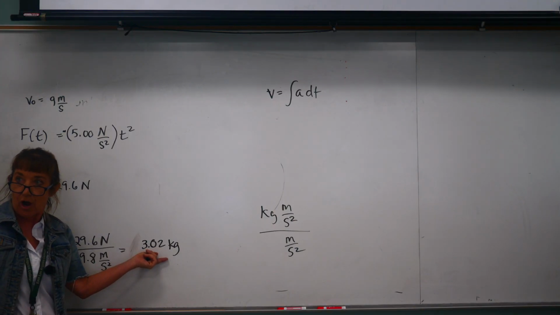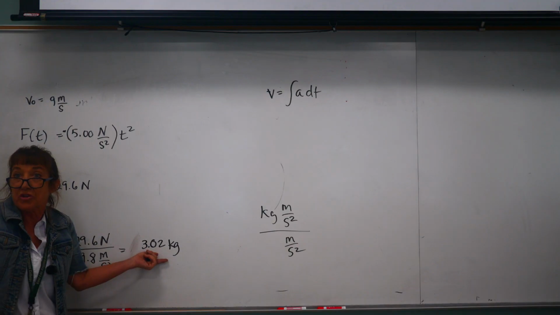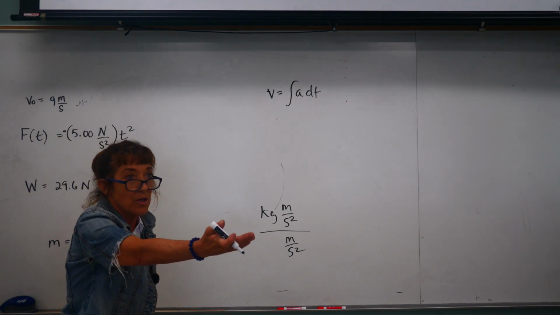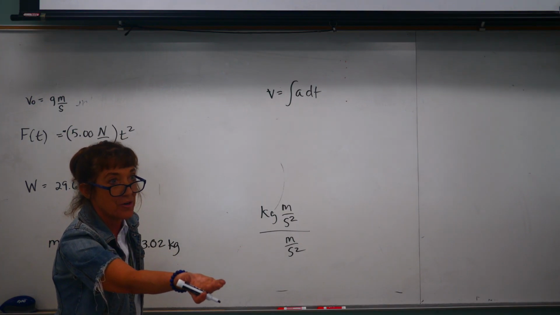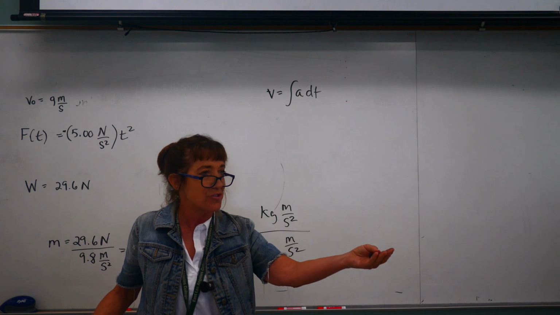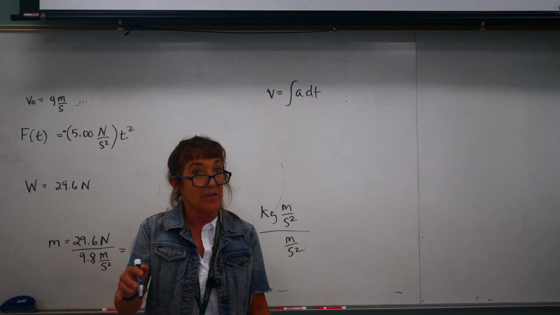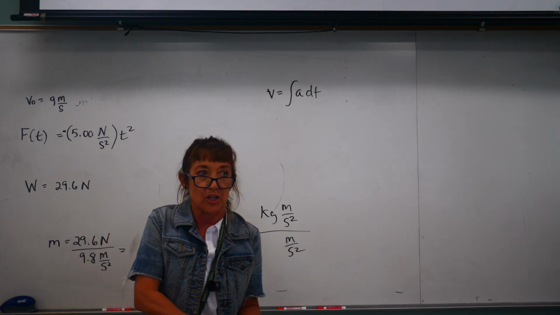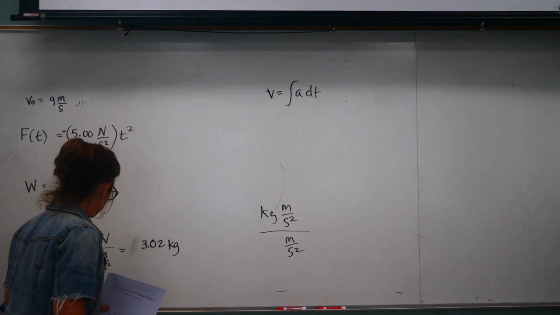Great way to check your problems, right? Do your units work out? Remember the feasibility test. So that's another one: feasibility test and units. Two ways to check your physics problems.